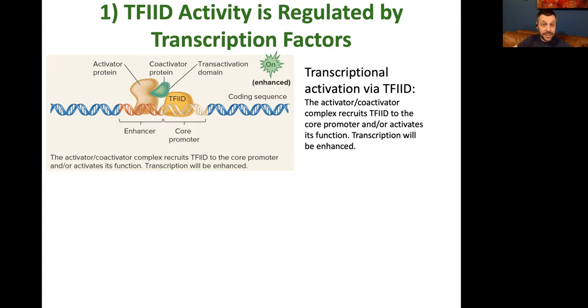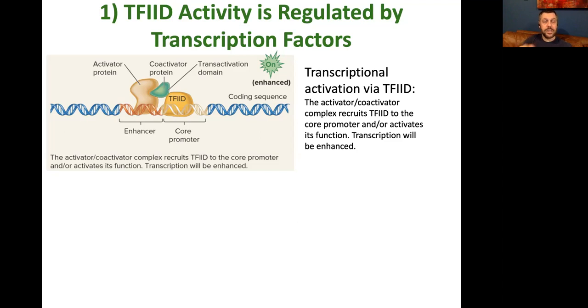And because of that, transcription factors can regulate the activity of TF2D. And so what is shown here is a way that an activator protein can bind to an enhancer and regulate TF2D, and in turn regulate RNA polymerase.